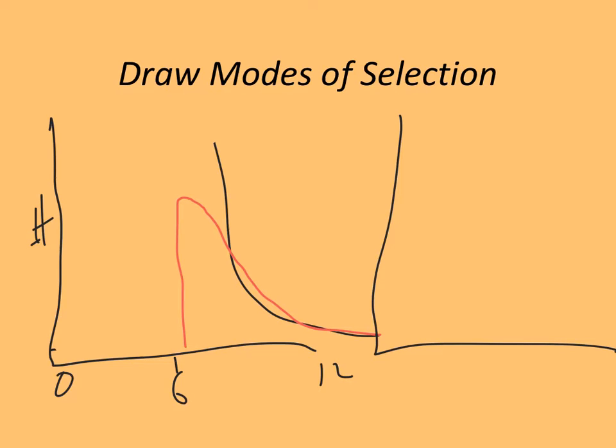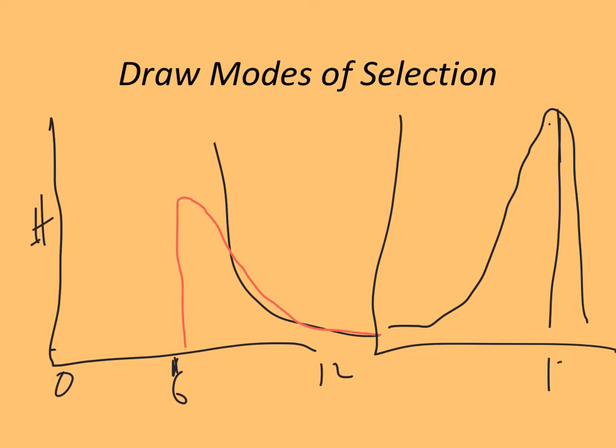So before the average was this, right? 6. Well, now the average is 12. Only the longer-haired ones survived, and the longer-haired ones reproduced. So now you have a mean of 12. Okay? But there's some individuals that even have longer hair, some individuals that have shorter hair.